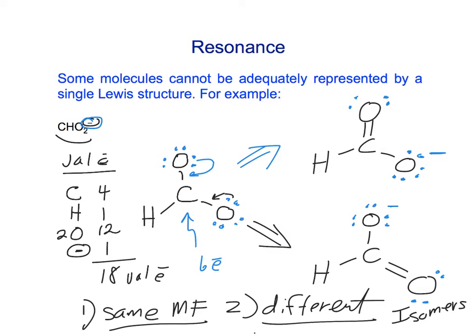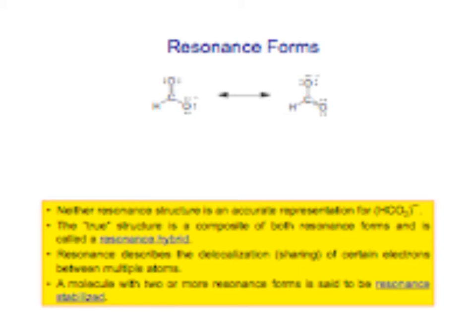However, for them to be isomers, these two molecules would have to be discrete. All right? And I'm going to show you now that in fact they are not. These two structures, which I've just redrawn on this slide, are referred to as resonance forms. We can show how one of them could convert to the other.